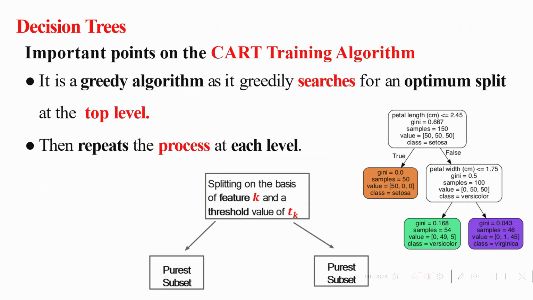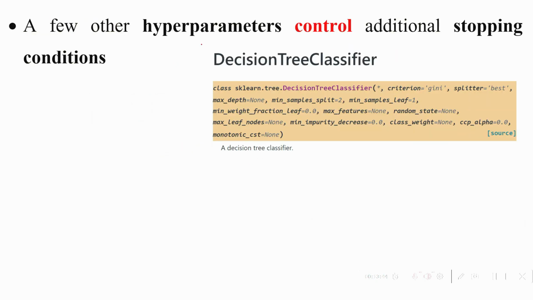Now the decision tree algorithm uses the CART algorithm. It is a greedy algorithm, as it greedily searches for the optimal split at the top level, then repeats the process at each level. A few other parameters control additional stopping conditions.